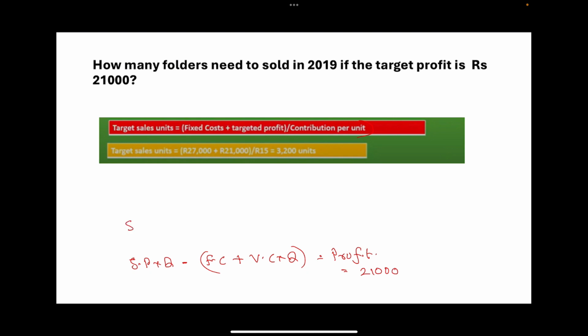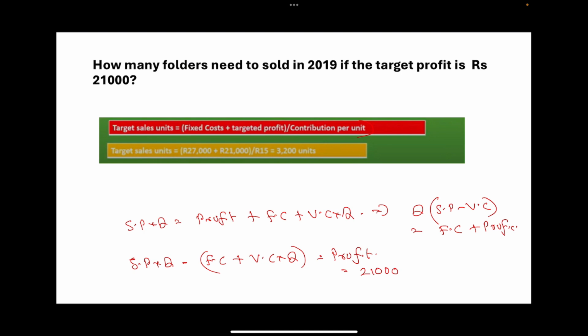Selling price into Q will be equal to profit plus fixed cost plus variable cost into Q, right? So that means Q into (selling price minus variable cost) is equal to FC plus profit.